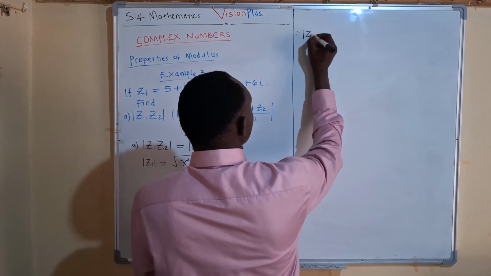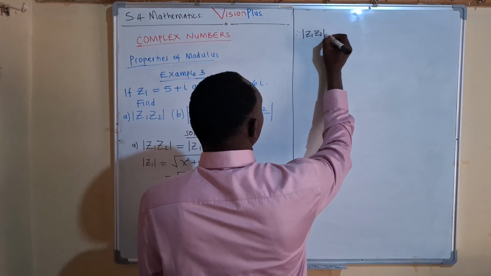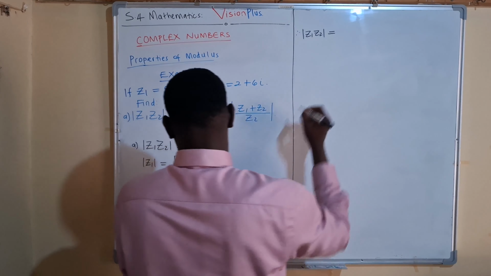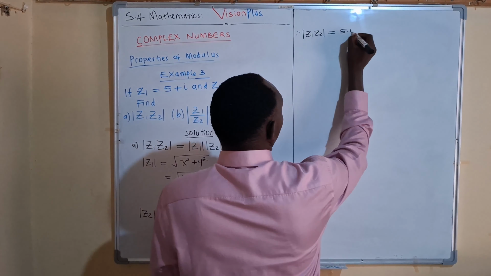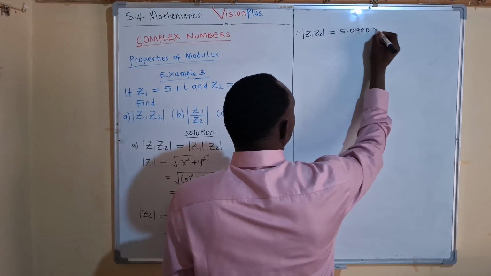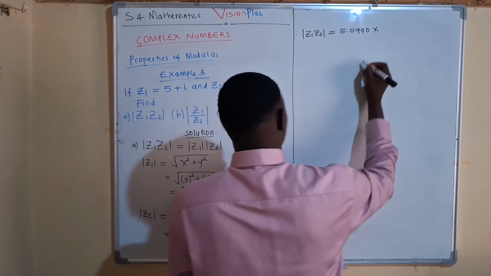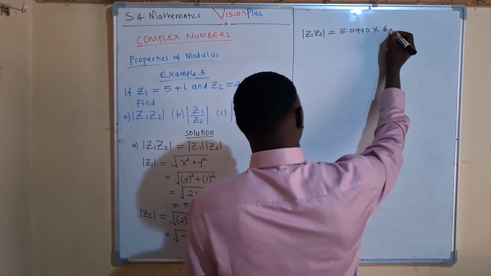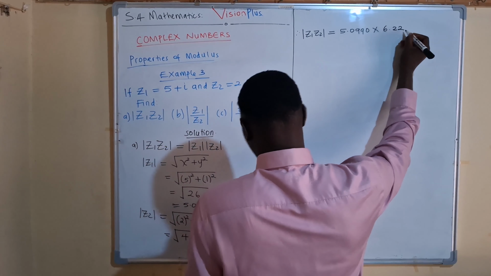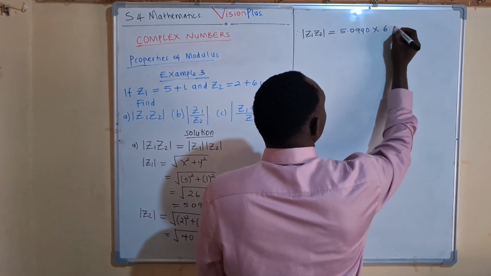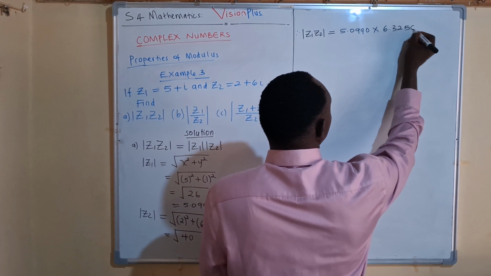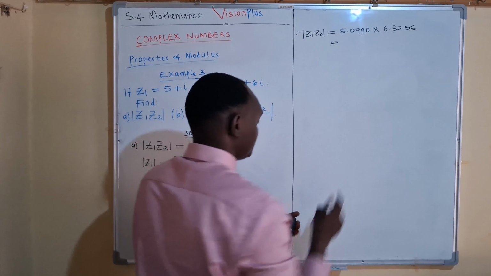Therefore, this will give us the magnitude of z1, which is 5.0990, times z2, which is 6.3256, and then you multiply them.